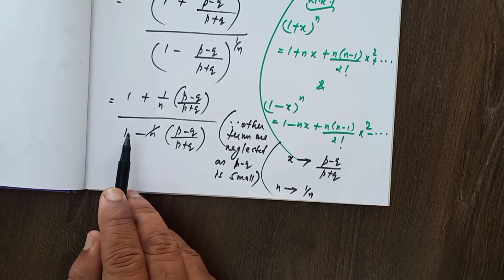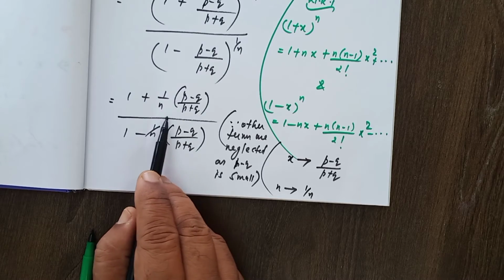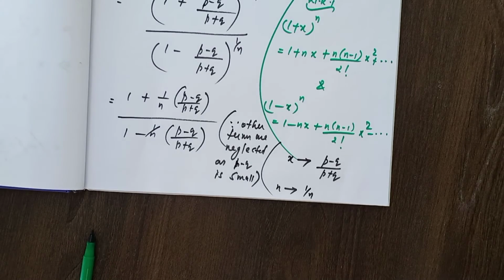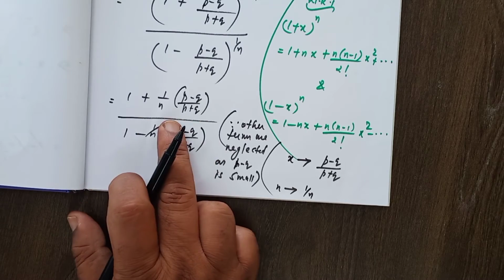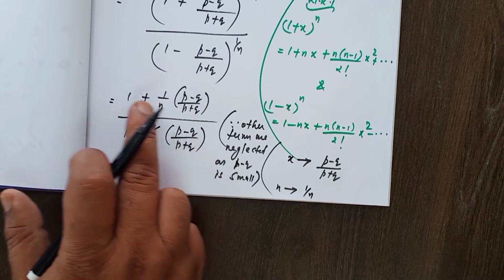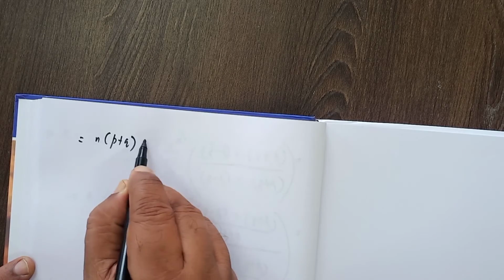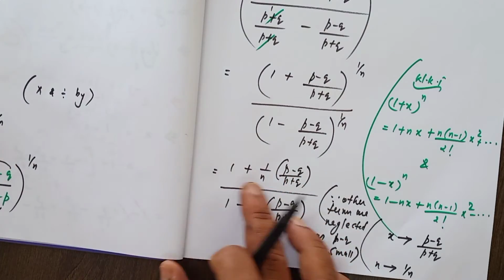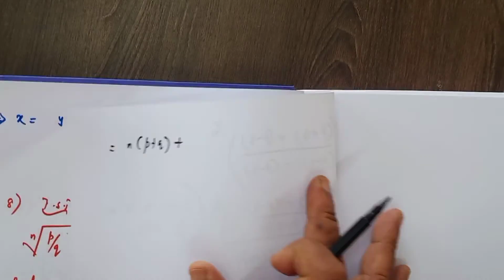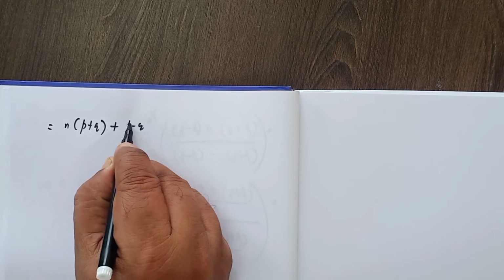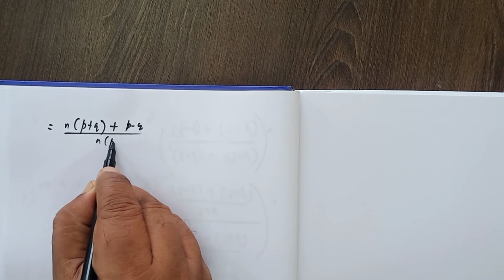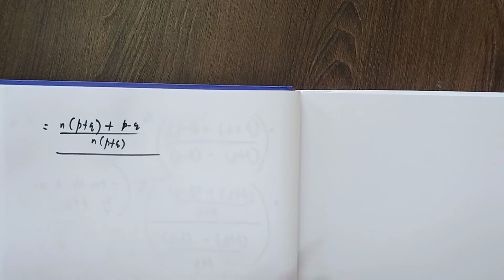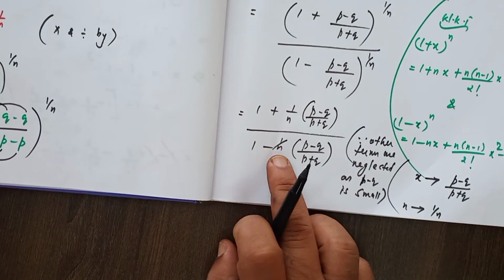Okay. Now here in 1 plus 1 by n, I can take the LCM, so n into p plus q is the LCM. So I have to multiply: n into p plus q plus 1 into p minus q, as it is, divided by n into p plus q, whole divided by the denominator, also with n into p plus q as LCM.